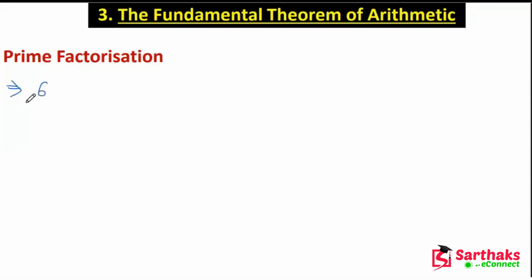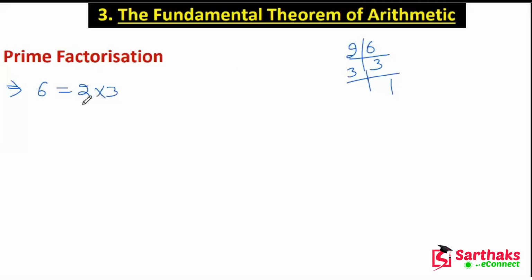Now, if we break it into a product of prime factors, how can we break it? We have two factors. The least number is 2, and 2 times 3 is 6. So the factors of 6 are 2 into 3.